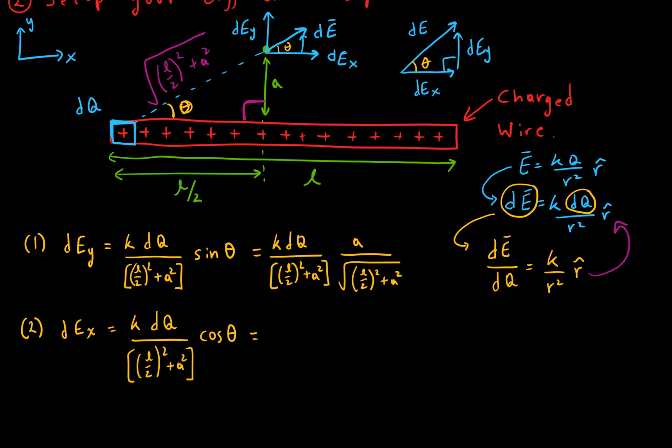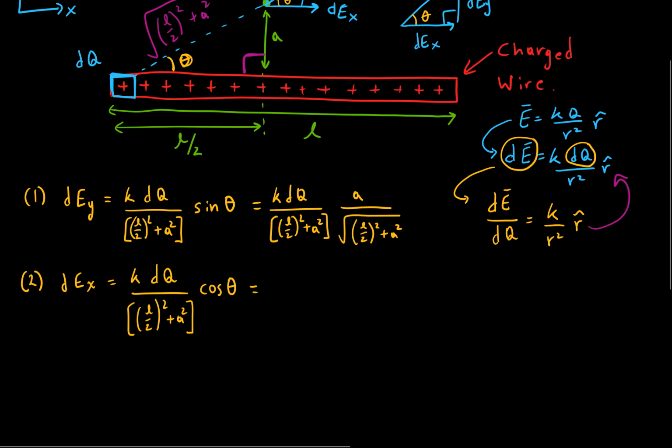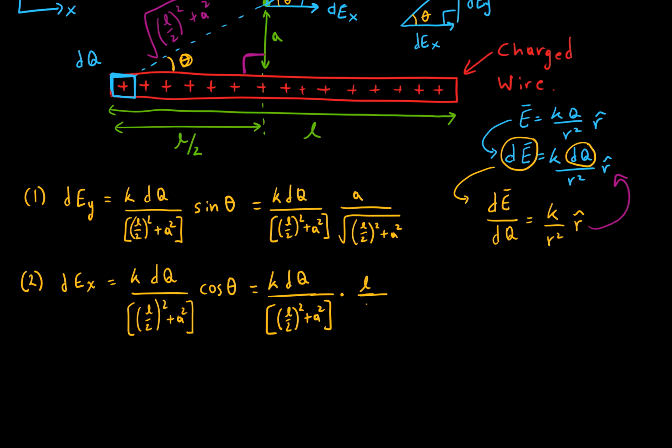And I can just as well do the same for cosine. I get k dq over L over 2 squared plus a squared, multiplied by L over 2, multiplied by that hypotenuse in the denominator, the square root of L over 2 squared plus a squared.